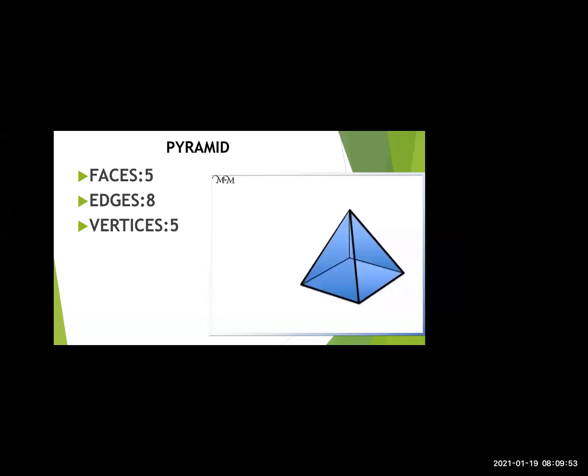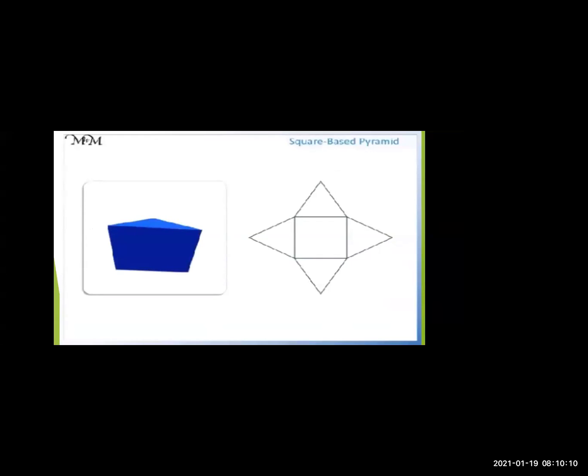So in this way it makes 5 faces, and 5 faces means 5 vertices. Edges will be 8 because the base is a square with 4 sides, and the covering triangles add 4 more. So edges become 8. Now this is a square based pyramid. How can we recognize the name of the pyramid? The base of the pyramid tells us the name of that pyramid.